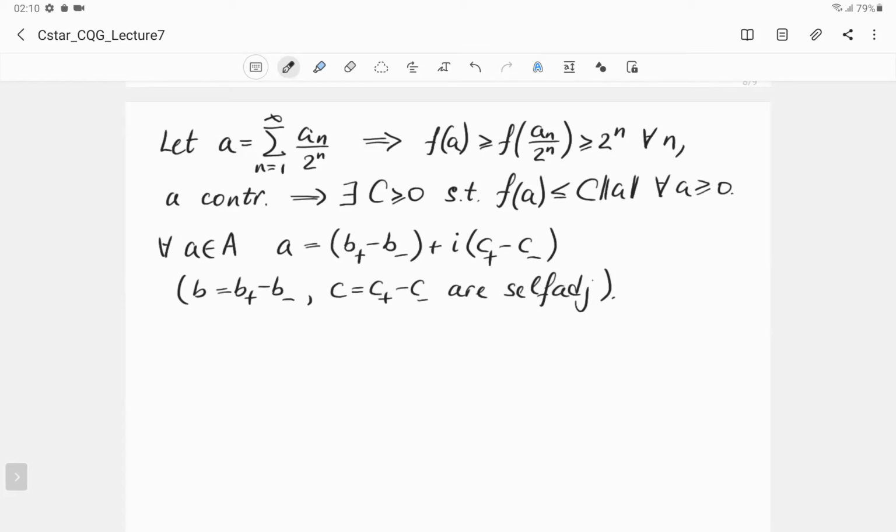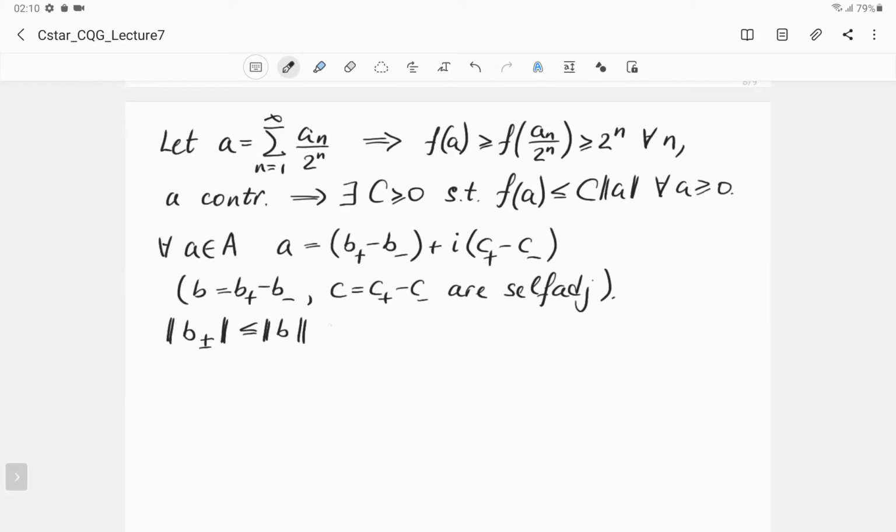Okay, and now we recall that the norm of b plus and the norm of b minus is less than or equal to the norm of b. This follows from the explicit construction of these elements.